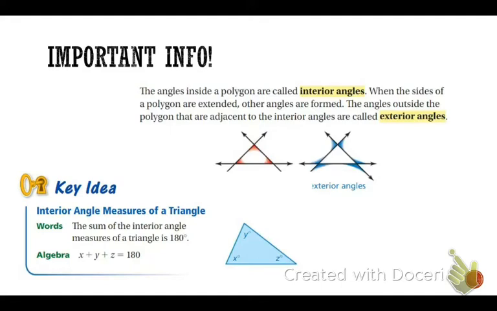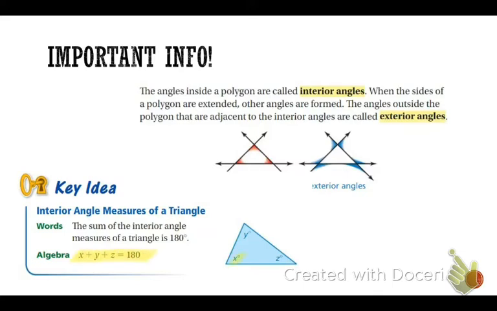The sum of the interior measures of a triangle: when you add all the angles of a triangle together, what do you get? You learned it at some point in your past. Yes, it is 180. It's right there on your notes as well. The sum of the interior angle measures of a triangle, x plus y plus z equals 180.